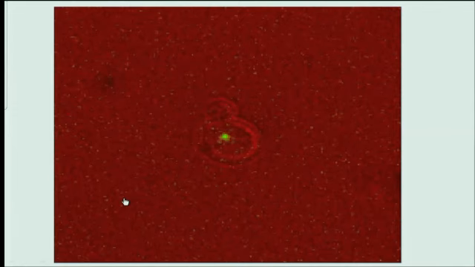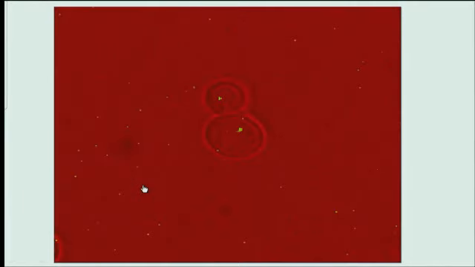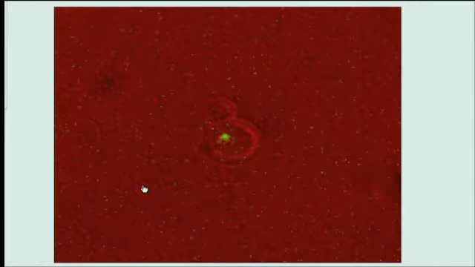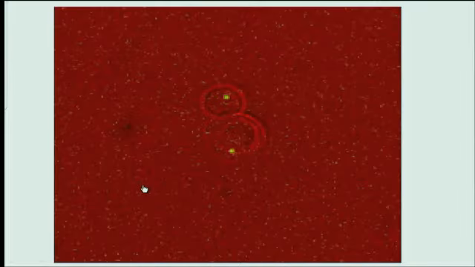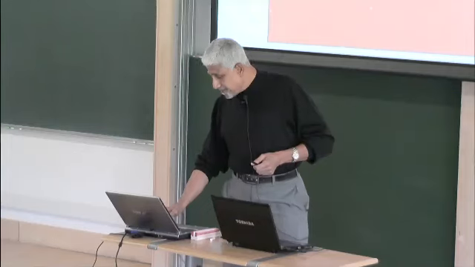If you saw that, the chromosome duplicates and is pulled apart by the spindle attached to the opposite spindle poles, so you get one chromosome in the mother compartment, one in the daughter.